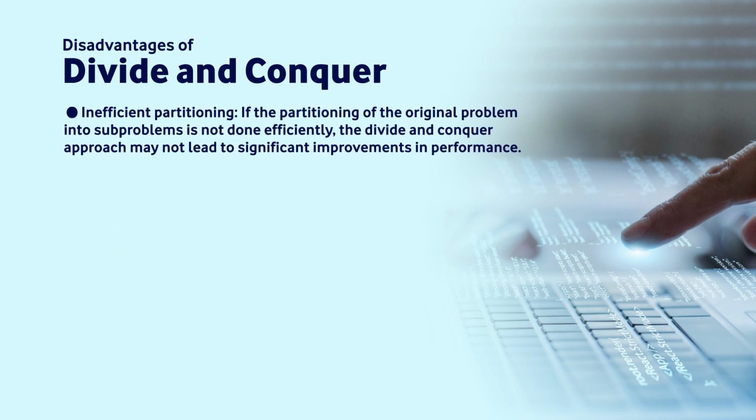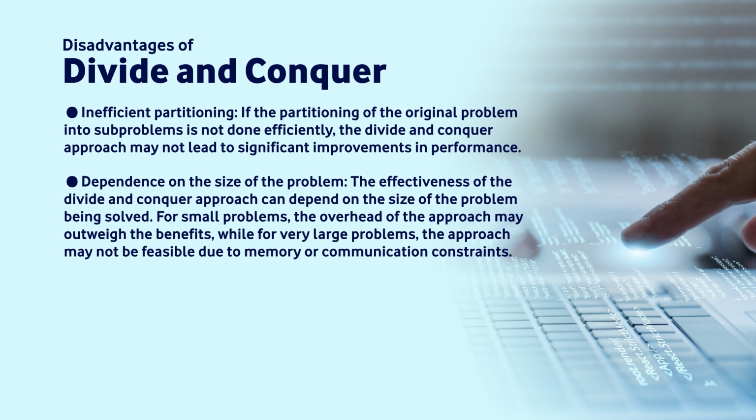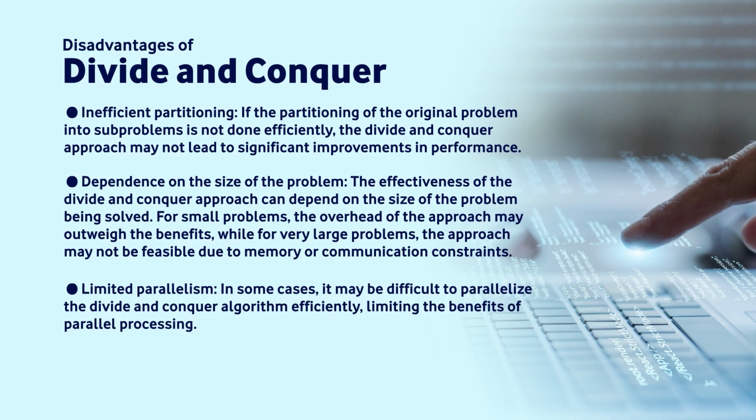Another is inefficient partitioning. Whenever you take a problem and subdivide it into smaller problems, it may happen that you are not able to divide the problems efficiently. If you are not able to divide the original problem into smaller problems efficiently, the divide and conquer method will lead to more problems than any kind of solution.